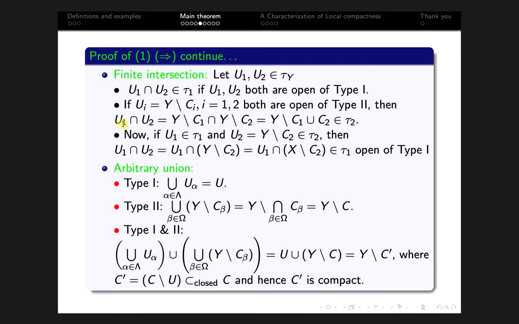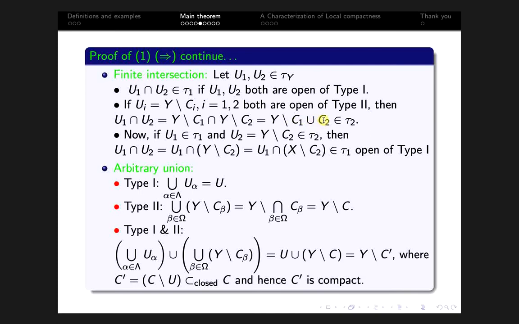If you replace U1 and U2 by Y minus C1 and Y minus C2 respectively, then we have U1 intersection with U2 equal to Y minus C1 intersection with Y minus C2, and that is equal to Y minus C1 union with C2.